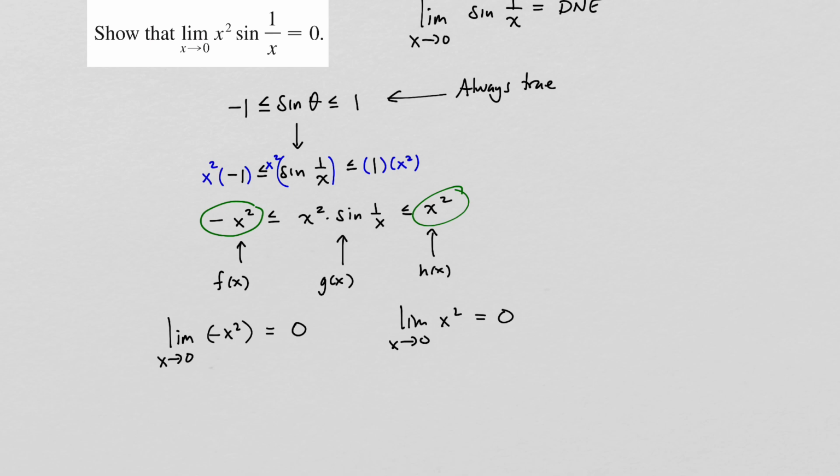Therefore, by the squeeze theorem, this means the limit as x approaches 0 of x squared times the sine of 1 over x must also be going to 0. Okay, and this must be true by the squeeze theorem. And this concludes this section.